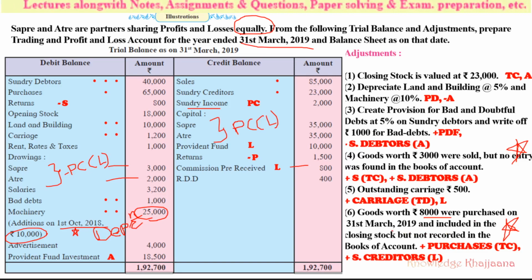See, goods were purchased on 31st March 2019, on the last day when the books were getting prepared, and those goods were included in the closing stock. See, the person who looks after the warehouse did his work properly. He recorded the goods in the closing stock. So closing stock includes those goods.